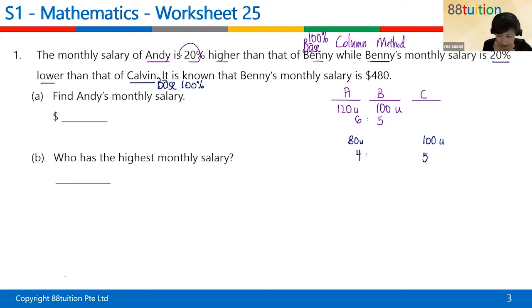So all in all, if I were to rewrite the whole thing here, I have A, B, C. What I can have is 6:5, the ratio of A to B. And now C is 5.